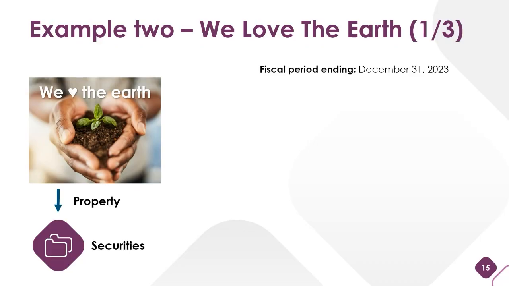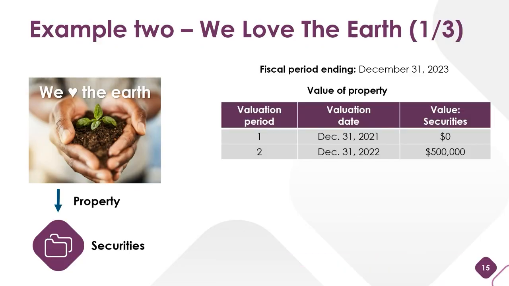Now to find the average value of the property. Since we are looking at the 2023 fiscal period, we need to find the value of the property from 2021 and 2022. That is the 24 months before 2023. The charity checks the value of this property every 12 months. So that means that there are 2 valuation periods within 2 years.